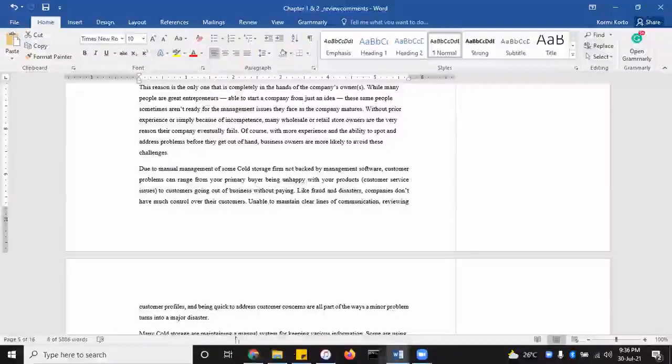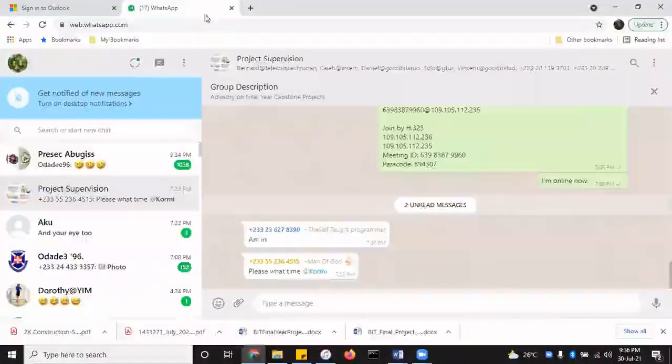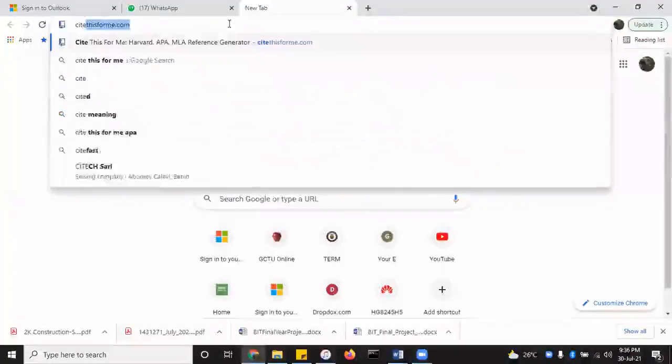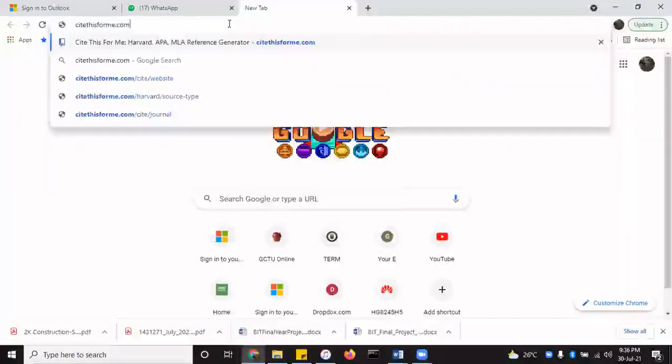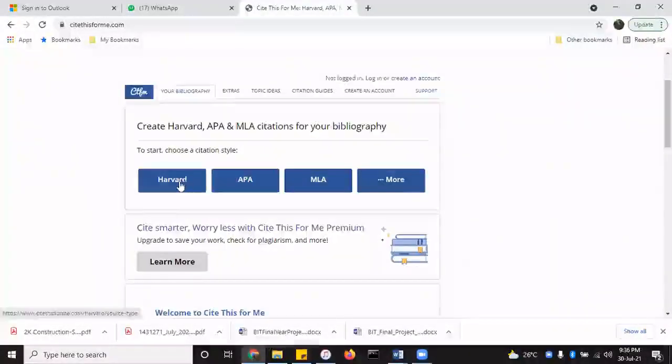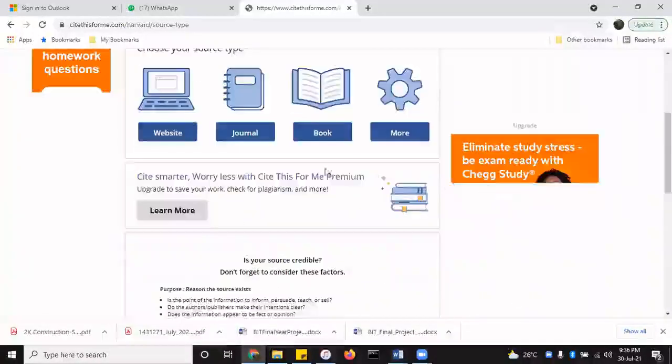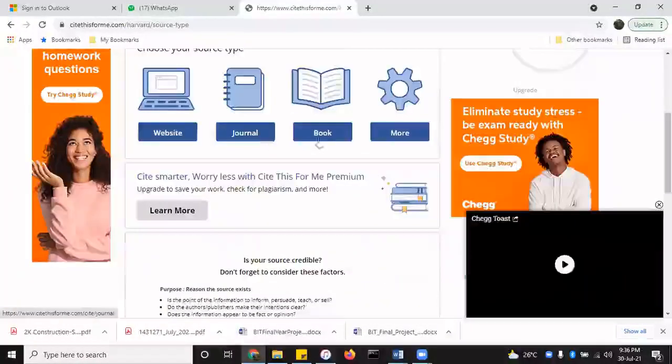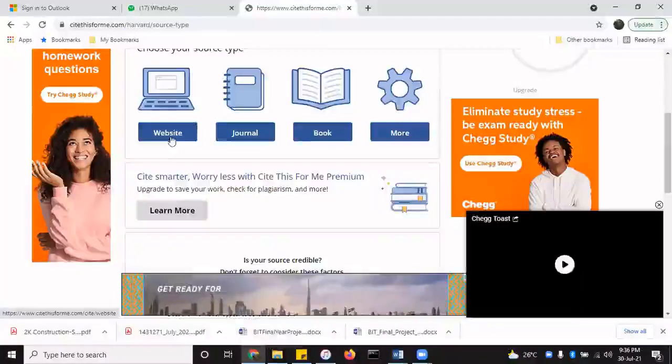Let me go up this real quick. So go to citethisforme.com. That's a website. When you go there, you'll have the Harvard reference installed right there. Click on it, and it will tell you for websites, journals, books, and more. So for website, click on it.